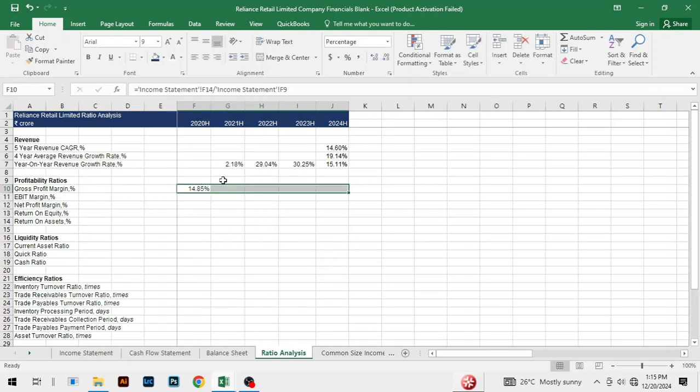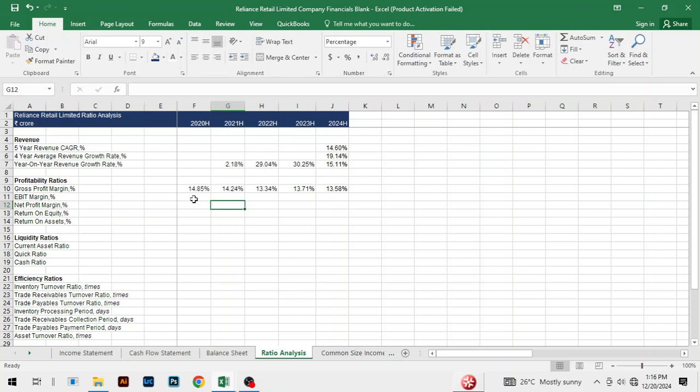Here we copy that to the right. The gross profit margin shows us how much revenue is left after we have removed the cost of goods sold.